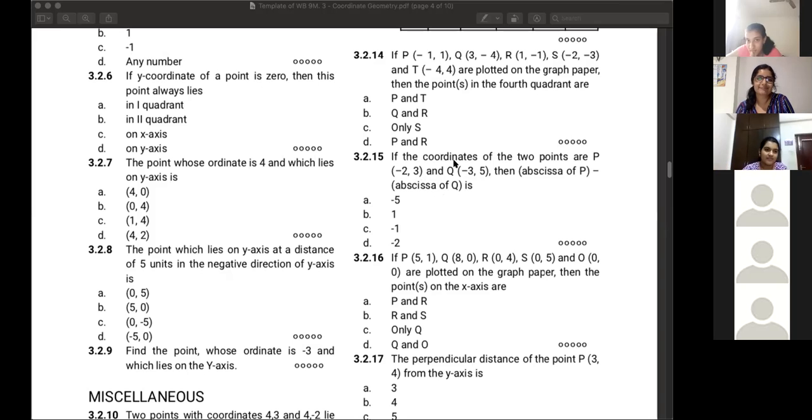I think Samriddhi, you directly did -2, -3. No. Abscissa of P is -2. This minus, you write it here. And abscissa of Q is not just the number 3. You have to take the whole -3. Ma'am, I just wrote -2, -3.